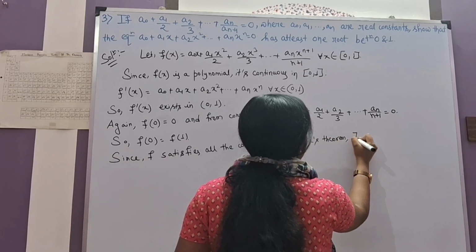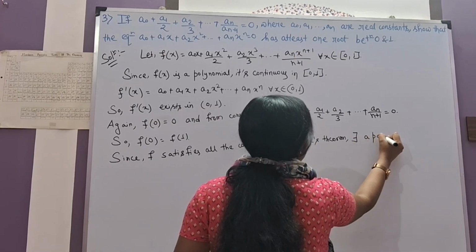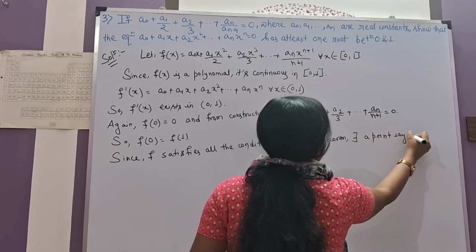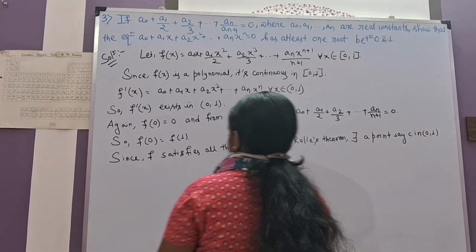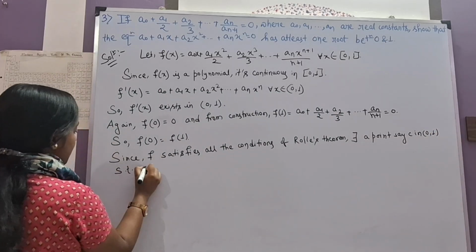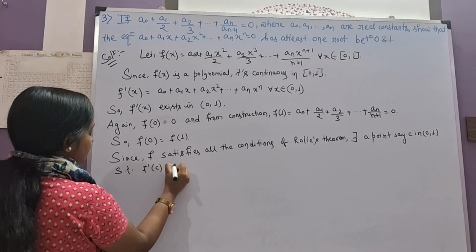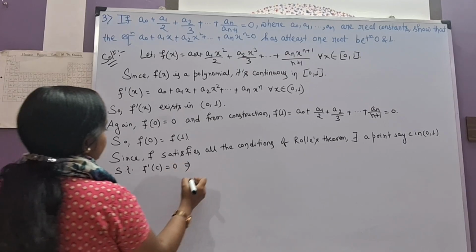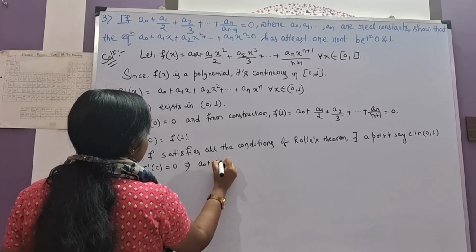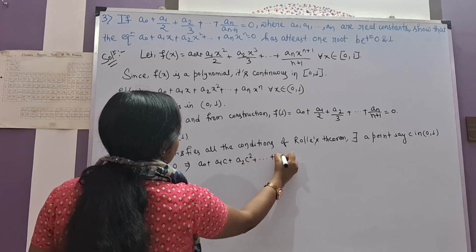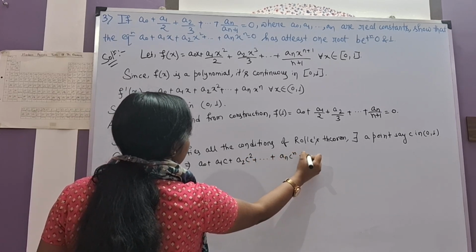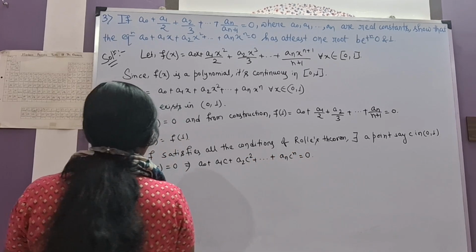We can say that there exists a point, say c, in open interval 0, 1 such that f dash of c equal to 0. So this implies a0 plus a1 c plus a2 c squared plus ... plus an c to the power n equal to 0.